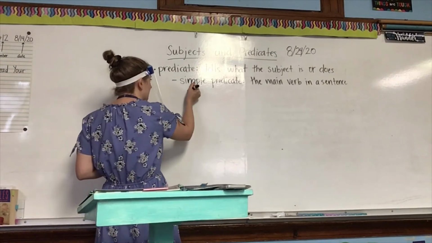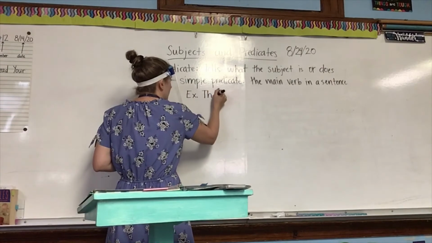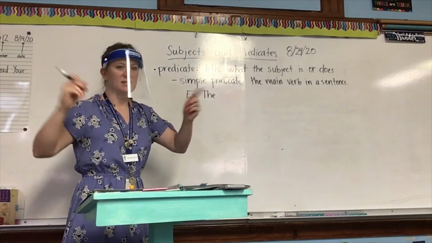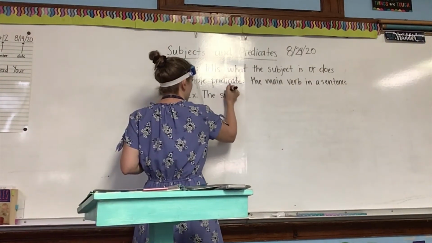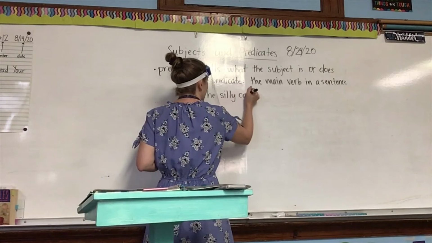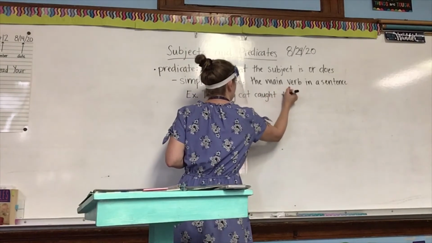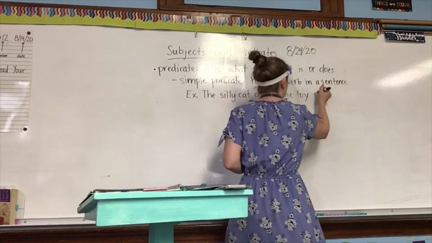We're going to use that same sentence as before. I do want you to rewrite it so that you don't have a bunch of boxes and lines over one sentence that then you get confused. But we're going to use the same sentence.